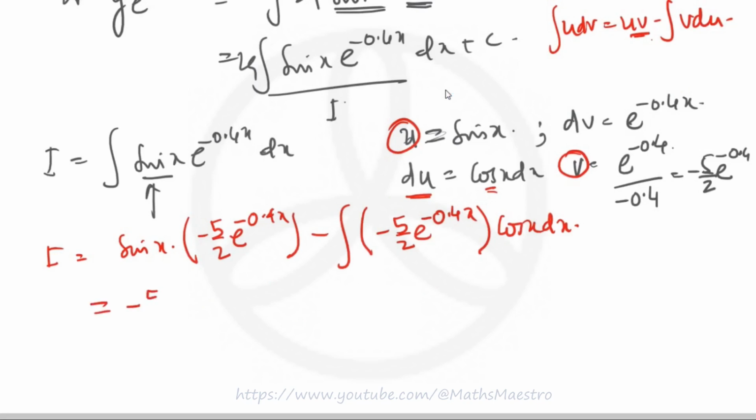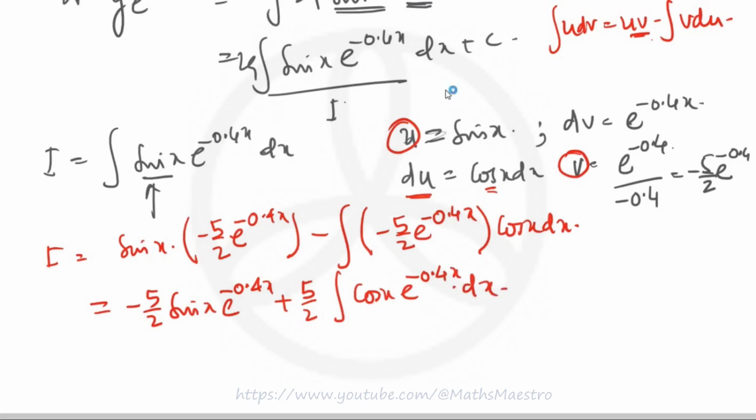And this will become minus 5 by 2 sine x e to the power minus 0.4x plus 5 by 2 integral of cos x e to the power minus 0.4x dx.